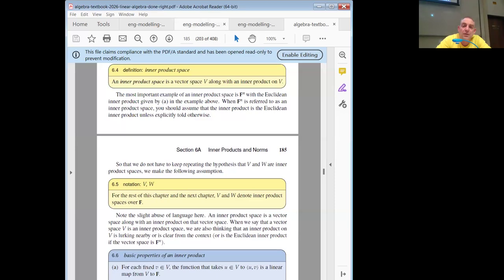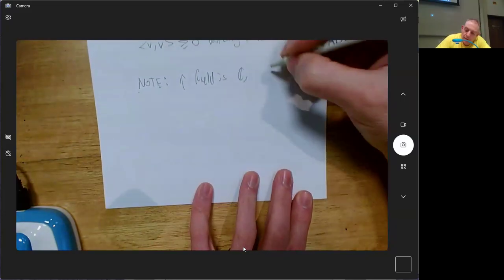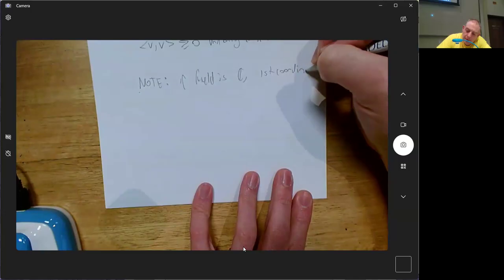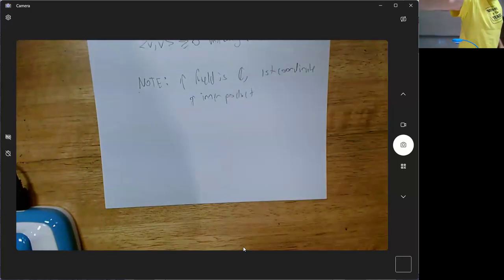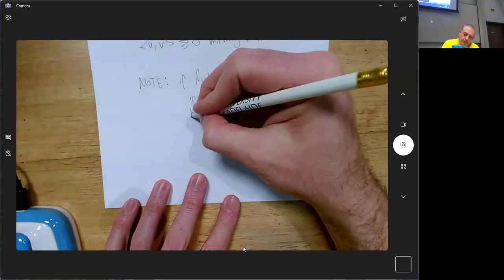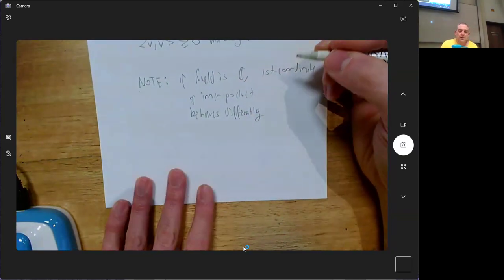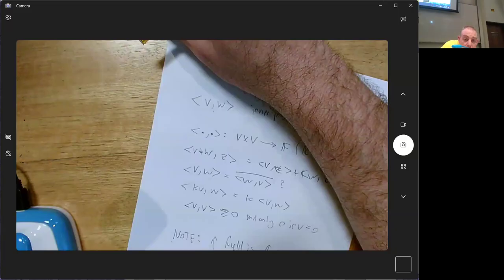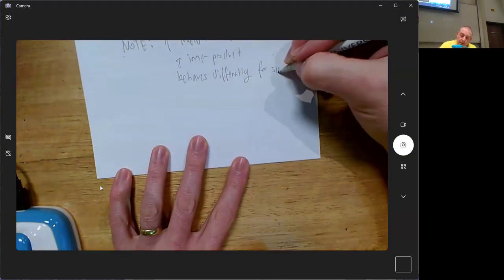Just going to write that down as a note to myself. Note: if the field is C, the first coordinate of the inner product behaves differently to the second one because it works fine for addition, for scalar.